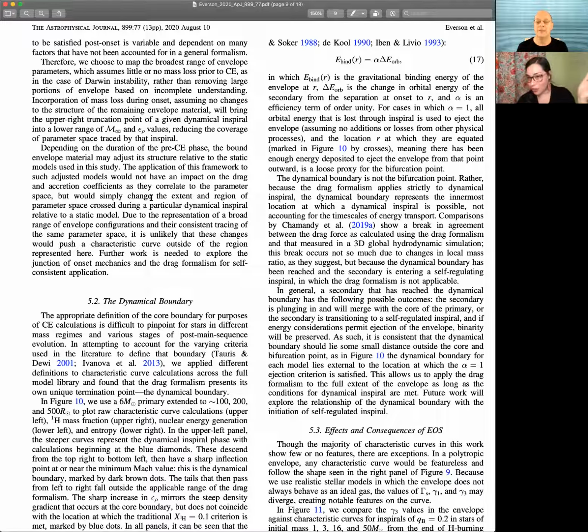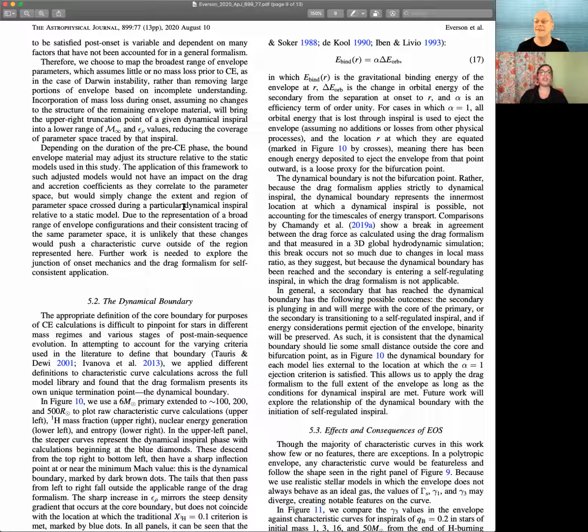Of course they don't, right? Because it was developed for dynamical inspiral, which depends on having undisturbed material that we are going through. When you reach self-regulated inspiral, structures have time to change on the thermal time scale, and we've got all these different things happening at once.